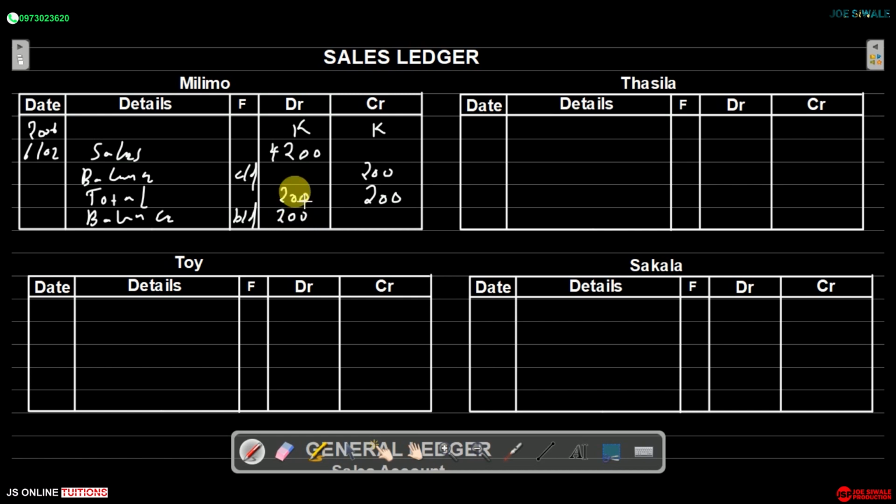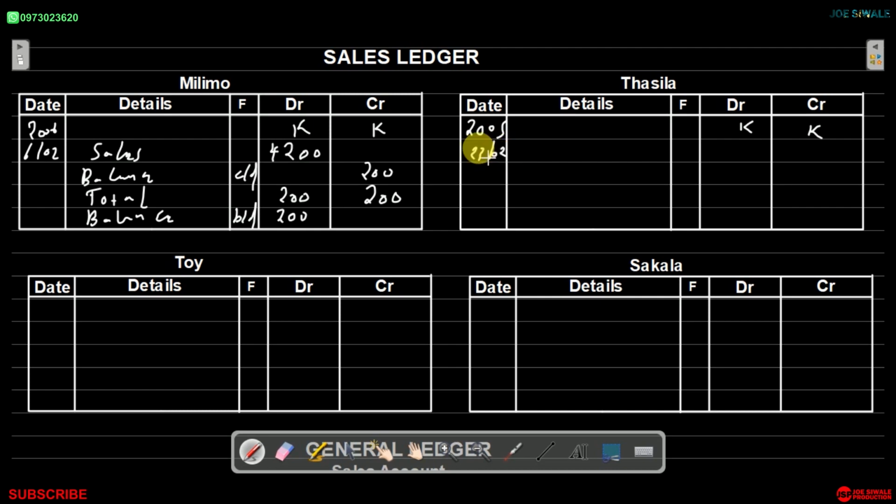Let us now look at the transaction for Siwale. So the transaction for Siwale only appears once in the sales daybook. That means that we're only going to show one figure. So we'll say 2005. We have kwacha there. That transaction occurred on the 23rd of February.